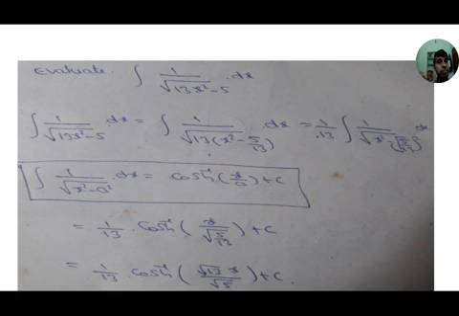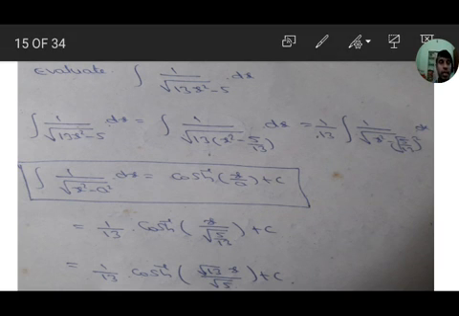Next problem. Evaluate integration 1 by square root of 13x square minus 5 dx. In the formula the x square coefficient is 1, but here we have 13, so take 13 common.